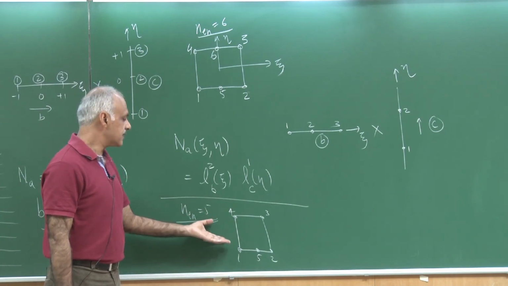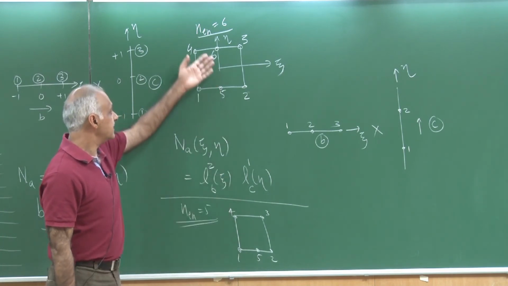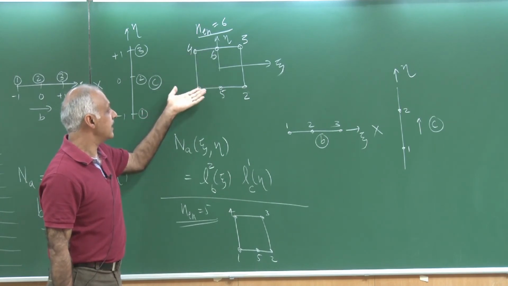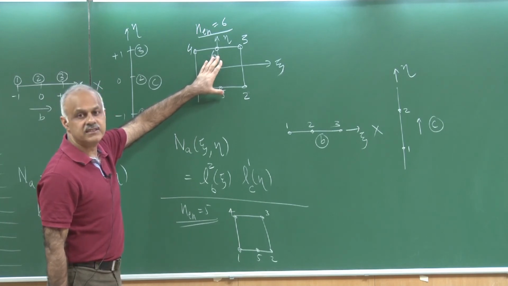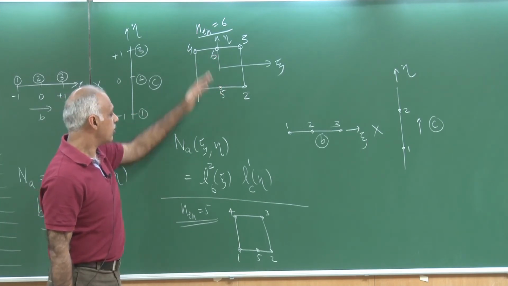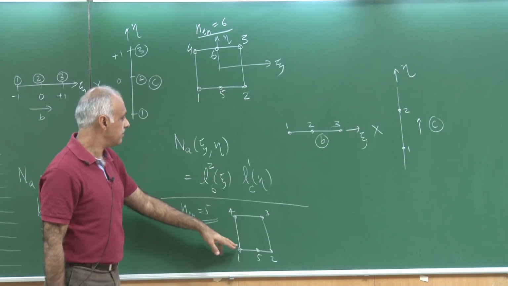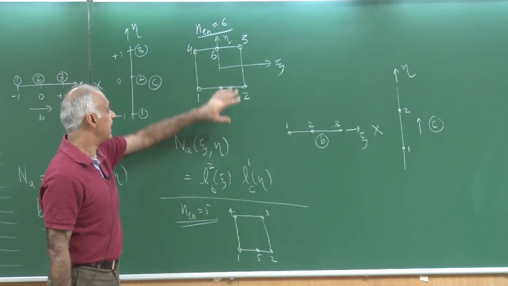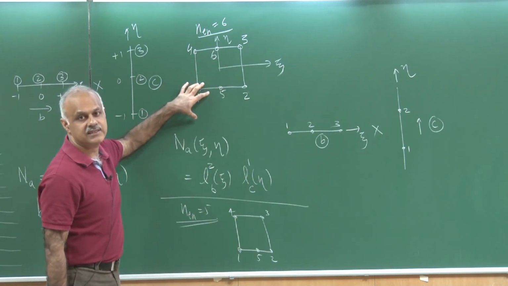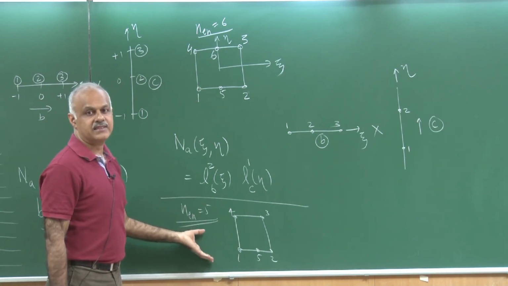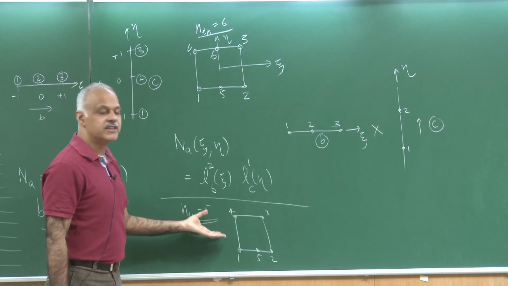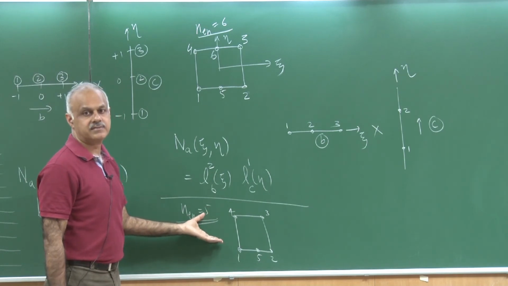So, one obvious answer would be that let us take exactly this element, take the 6 shape functions and then do not worry about the 6th one, just keep the 5 shape functions that I get from NAN equal to 6. If I do that, that would be incorrect because I have not respected completeness.